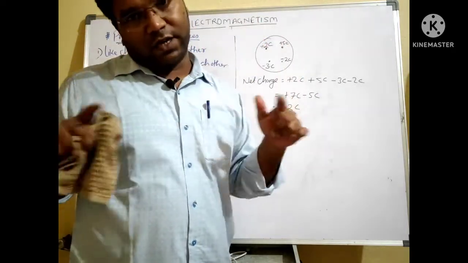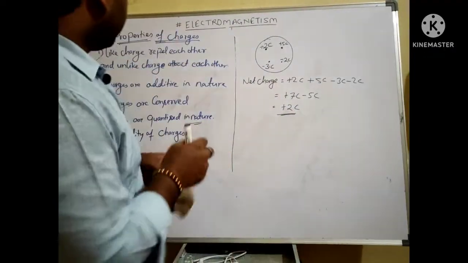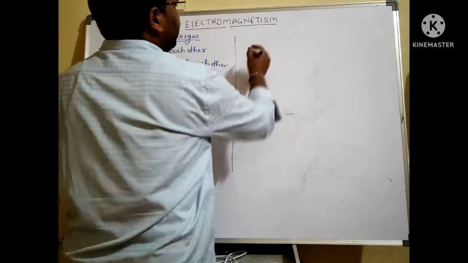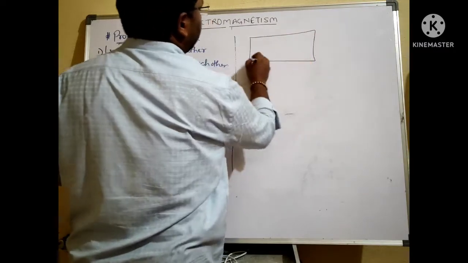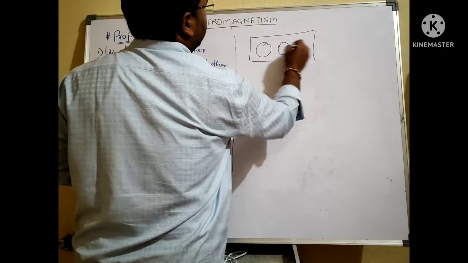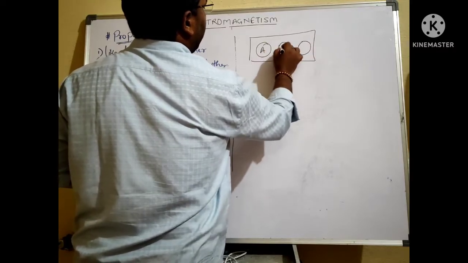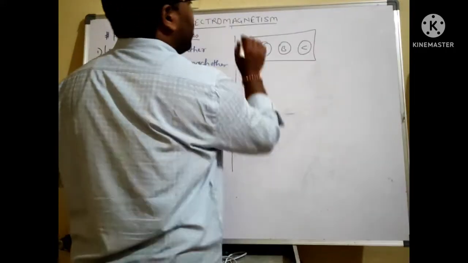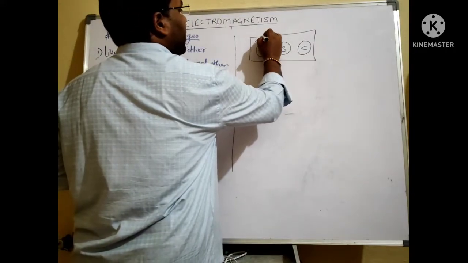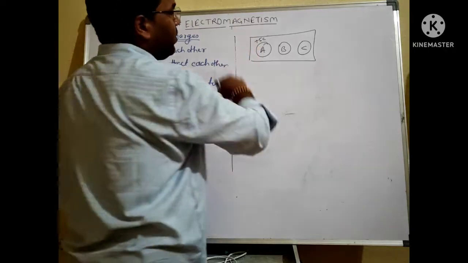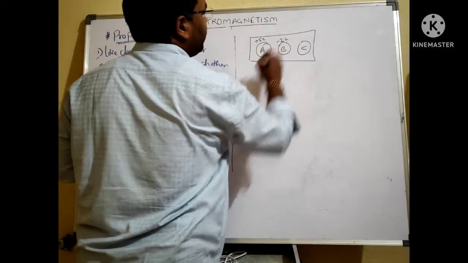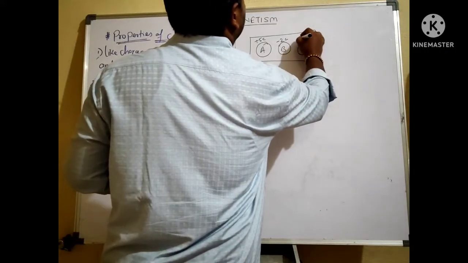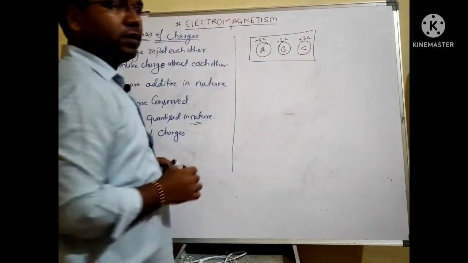Let us consider this is the isolated system with 3 objects in it, named A, B and C. A has plus 5 coulomb of charge, B has minus 2 coulomb of charge, and C has plus 3 coulomb of charge.